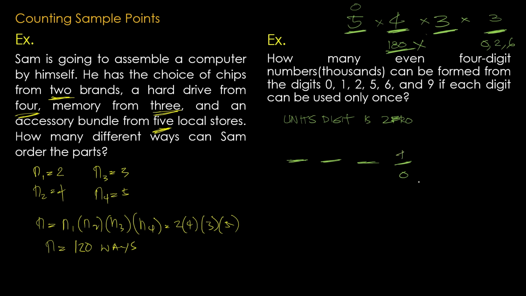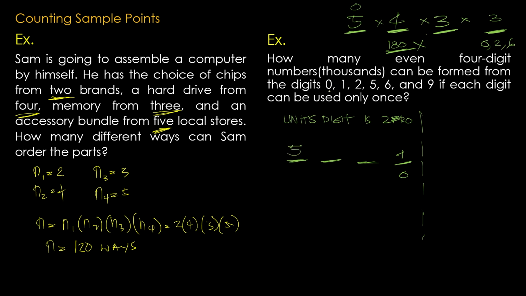That can only be 1. And if you utilize 0 for your units digit, and there are 6 numbers in there, therefore the choice for your thousands digit is 5.